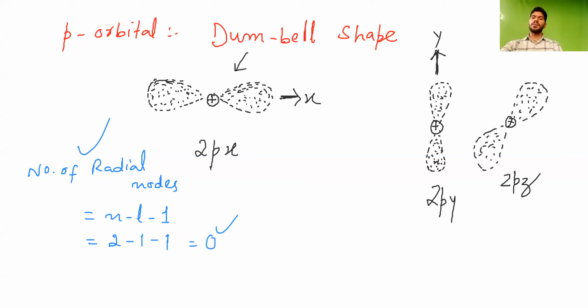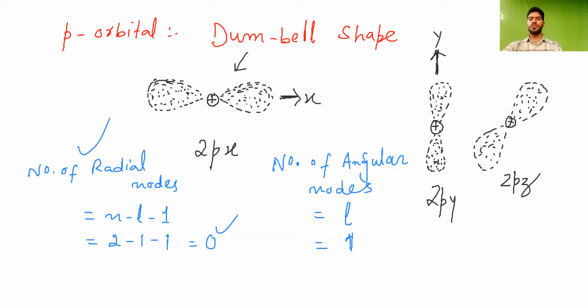Now, can you tell me the number of angular nodes here? I hope you remember the formula. The number of angular nodes is given by l, right? What is the l value for p? For p, the l value is 1. So they have one angular node. That is also called the nodal plane, correct? Where is that? It is actually here. You can see this.